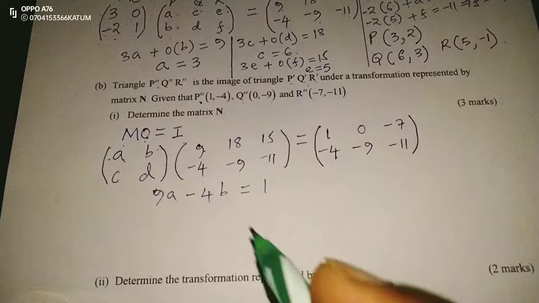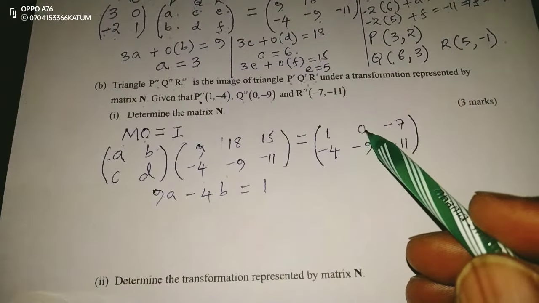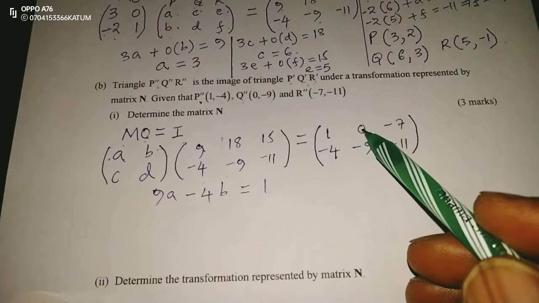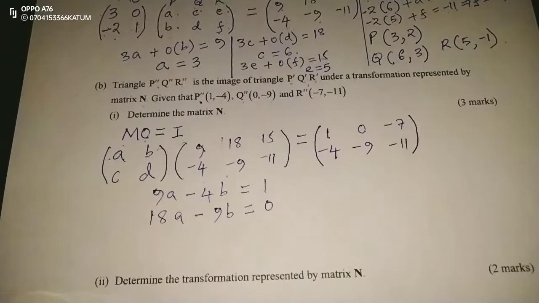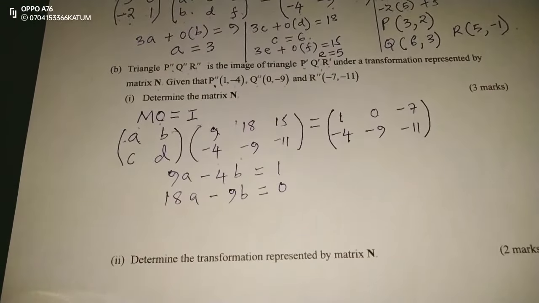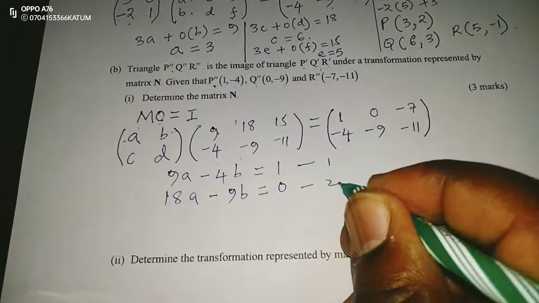We should also know that when we go by the same row and the next column, we should get the next element. So 18a minus 9b is supposed to give us 0.